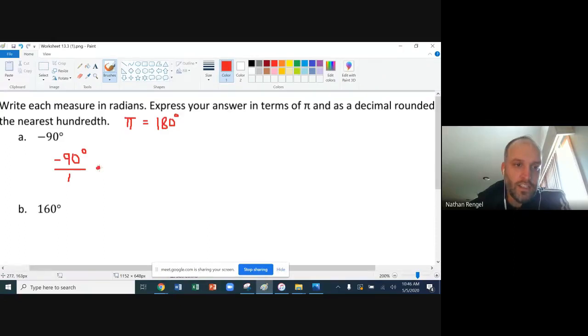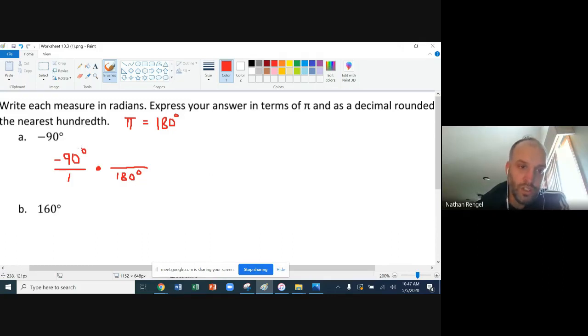And what dimension analysis does is it takes and it cancels out the unit that you started with, and it converts it to the unit that you are moving to. So 90 degrees up in my numerator, if I want to cancel out a unit, I'm going to put the unit down in my denominator. So it's very similar to how numbers will cancel out if you have the same number in the numerator denominator, or factors of the same number in the numerator denominator, they will cancel out.